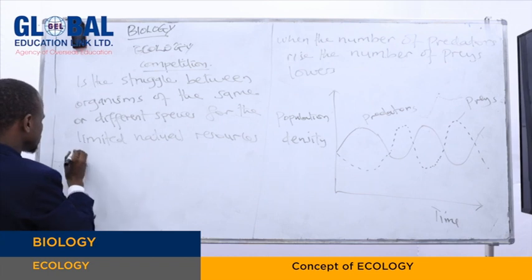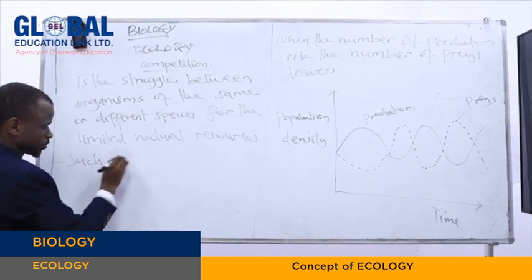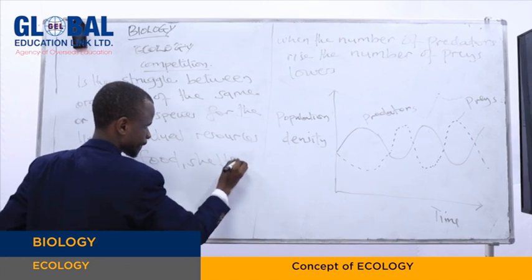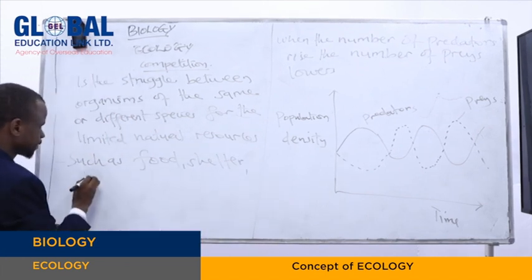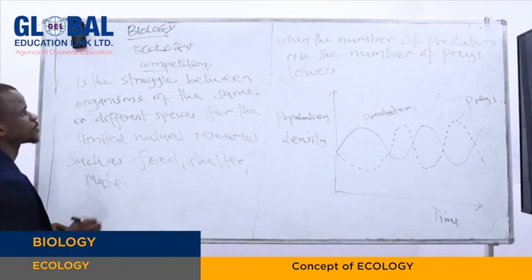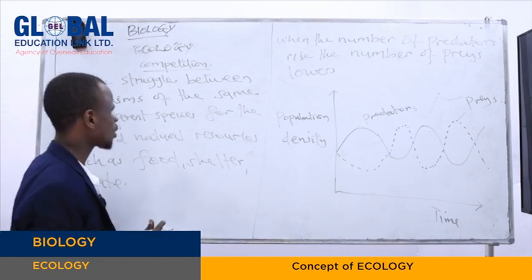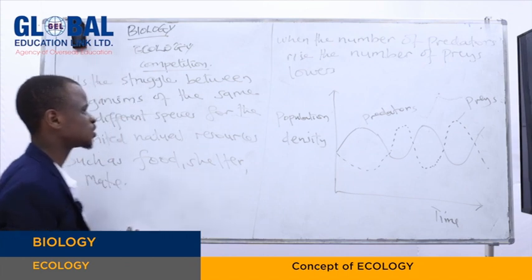Limited natural resources are such as food, shelter, a mate, etc. Organisms in the ecosystem keep on struggling for the limited natural resources.